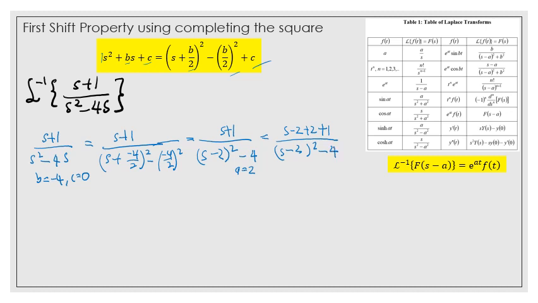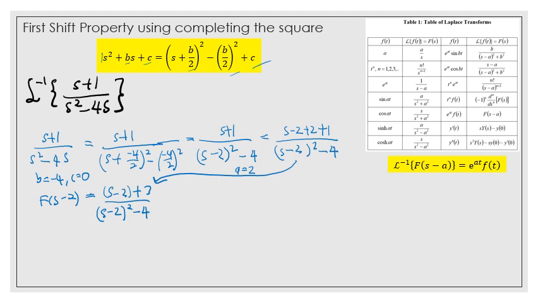Alright, so our F(s) now is equal to, not F(s), sorry, F(s minus 2). Okay, so we have F(s minus 2) is s minus 2 plus 3, okay, from here, over (s minus 2) power 2 minus 4. This is our F(s minus 2).